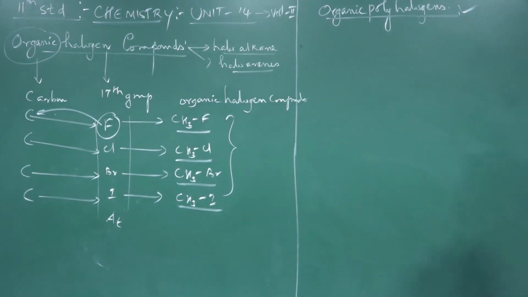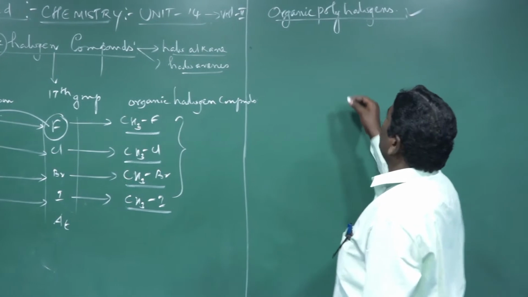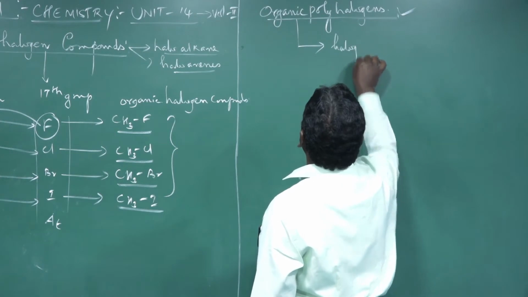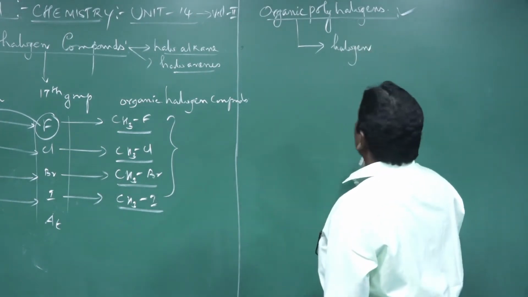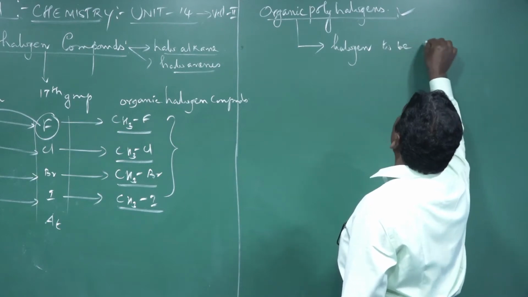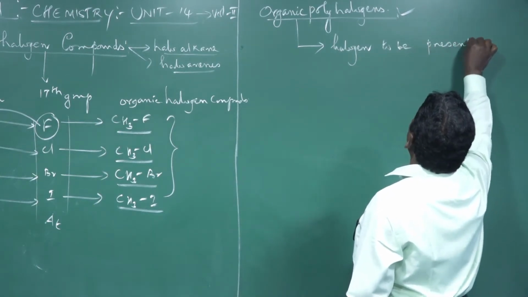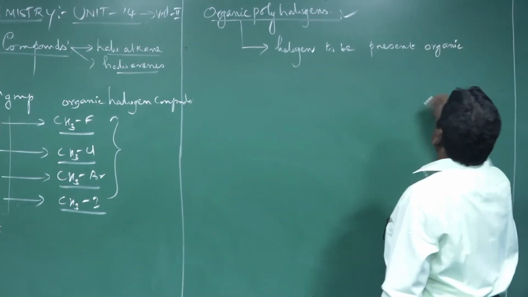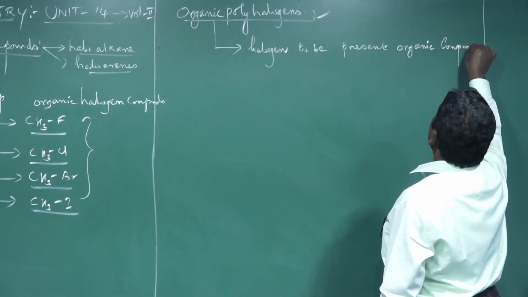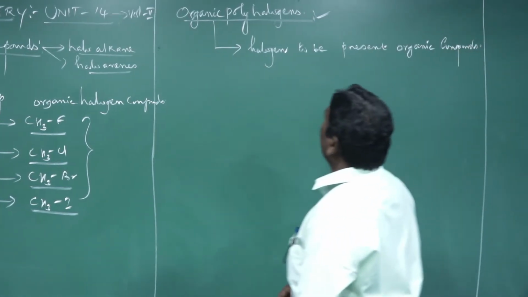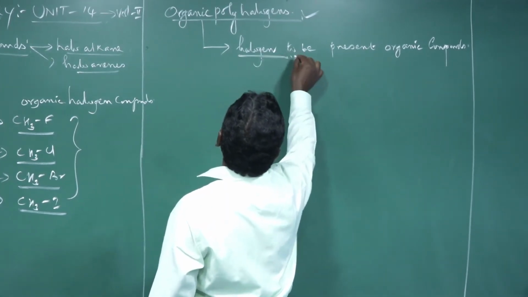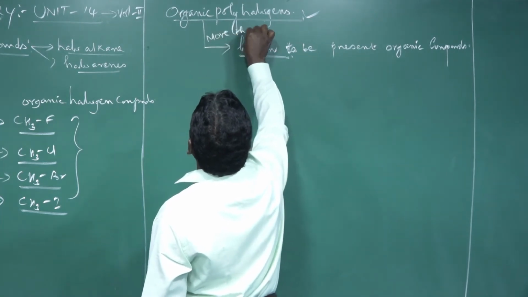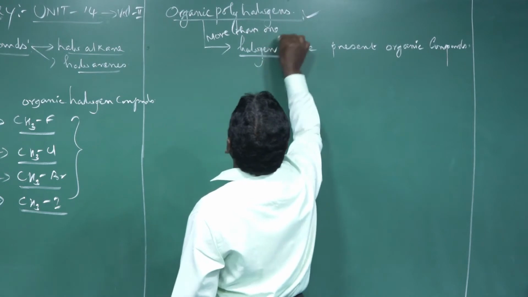Polyhalogens are compounds in which more than one halogen atom is present in the organic compound.